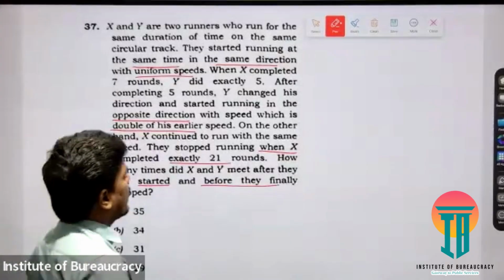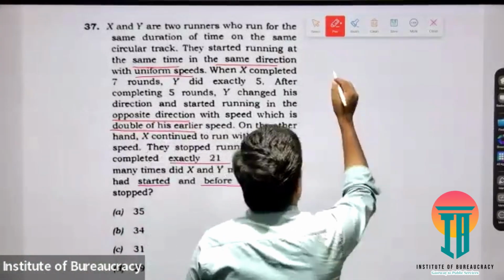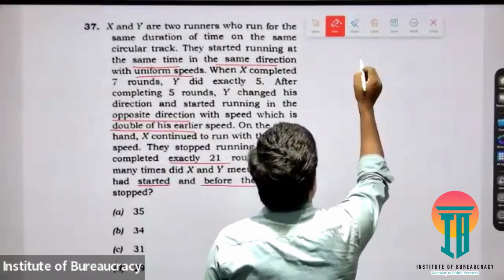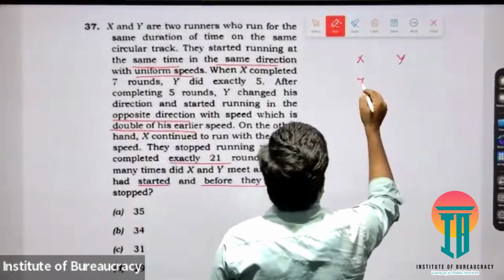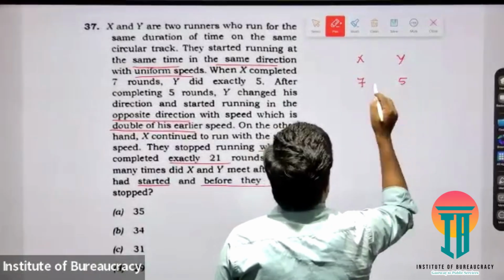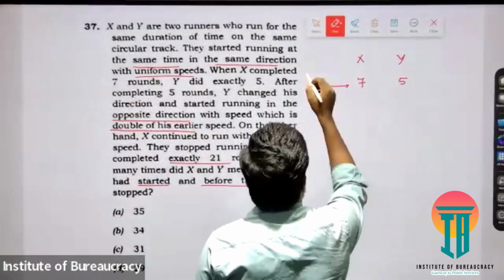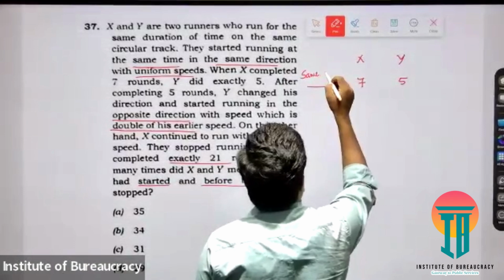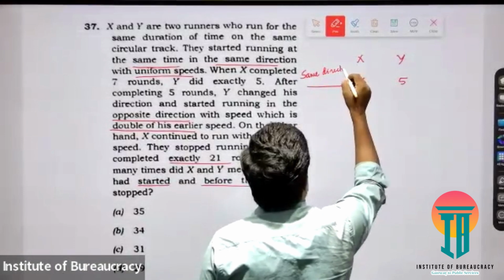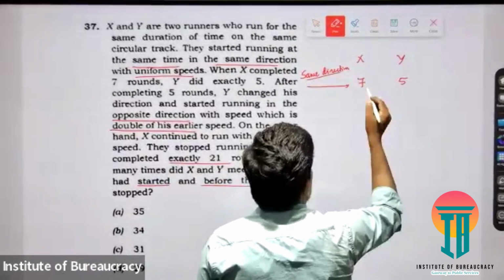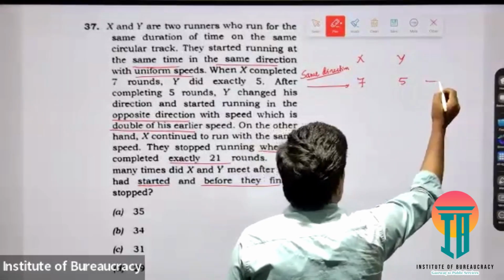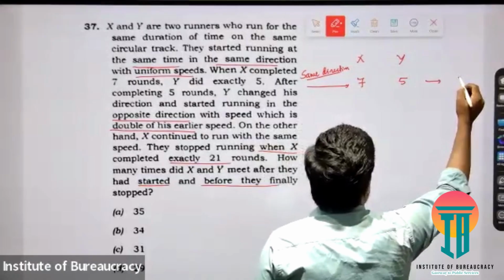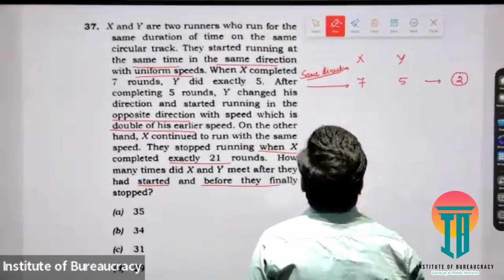What is this question? There are two parts here. First X goes 7 rounds and Y goes 5 rounds in the same direction. When they go in the same direction, X goes 7 rounds and Y goes 5 rounds, so they meet 2 times, by the difference.